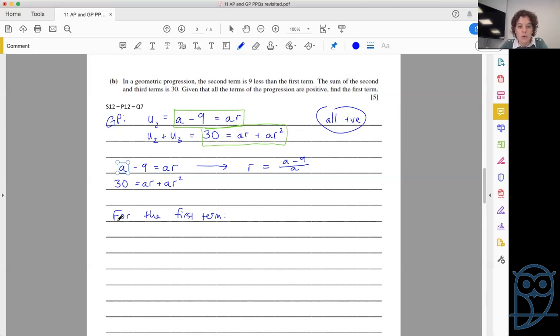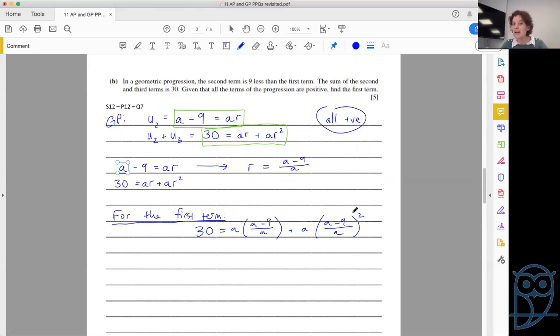So just like in coordinate geometry, it is really nice to keep track of what you're doing. So substituting in, we have 30 equals A minus 9 over A, plus A minus 9 over A squared. Now, usually we say avoid this, don't substitute something in and square it, but there's a lot of ugly options here.